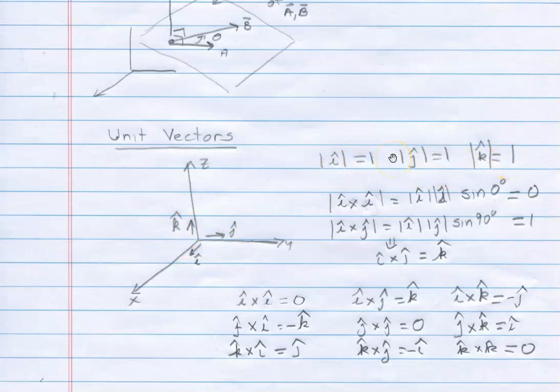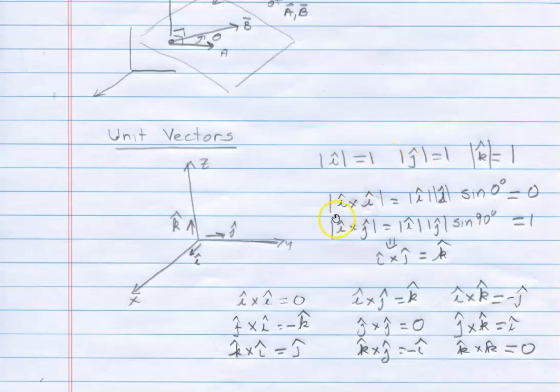So if a vector gives information about the magnitude and the direction, and unit vectors all have the same magnitude, I don't get any information there in terms of magnitude on a unit vector. So all of the information provided by unit vectors is simply a direction.